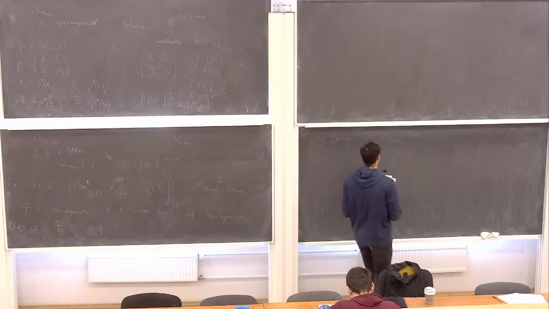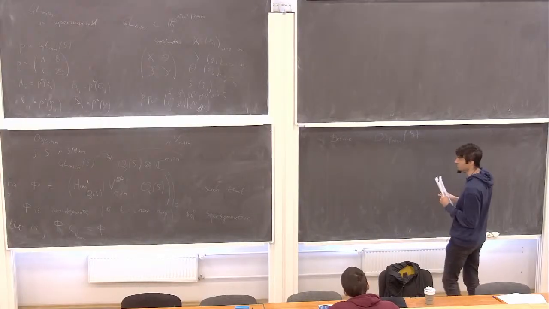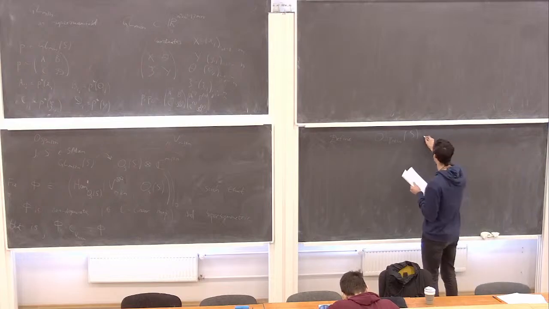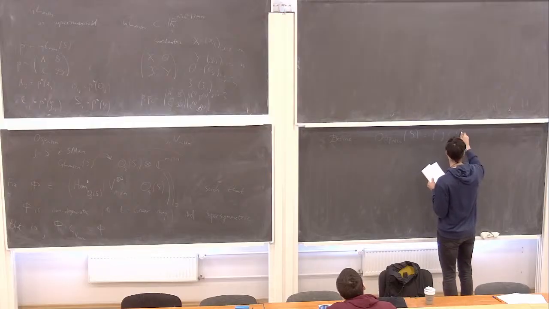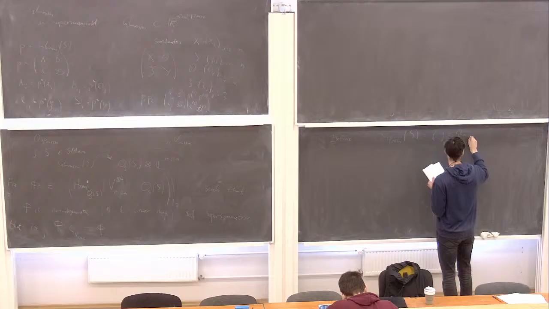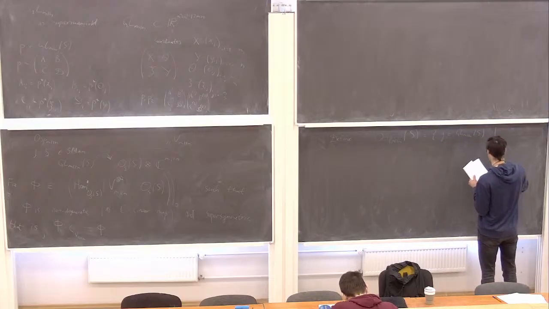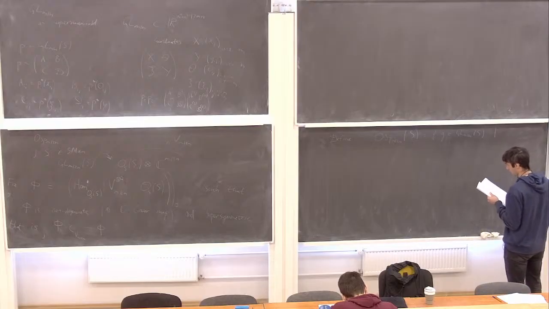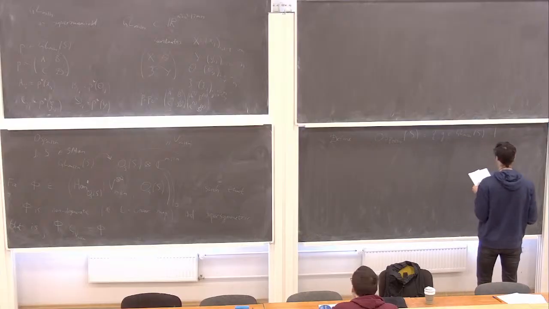So I define this group. For any supermanifold S it is all elements from the group GL(m|2n)(S) such that they fix this form.